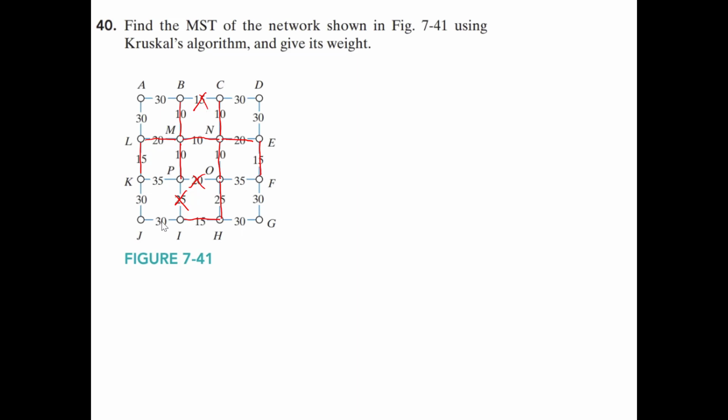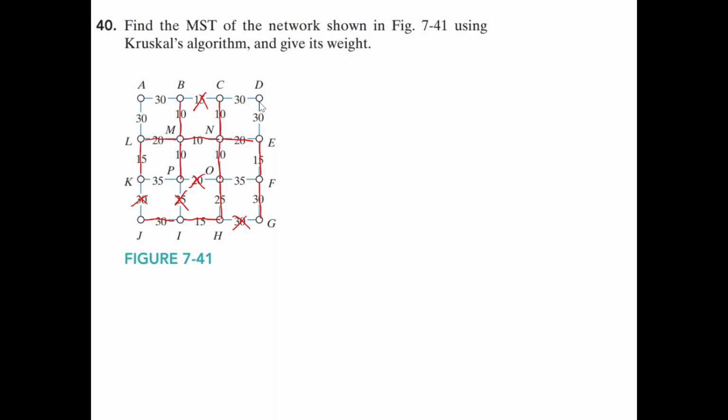We have some 30s. We can't use this 30 because it will close this circuit here. It will close this circuit right here. So I can't use that 30. Can't use this. I can use this 30. I can't use this 30 because it'll now close that circuit.